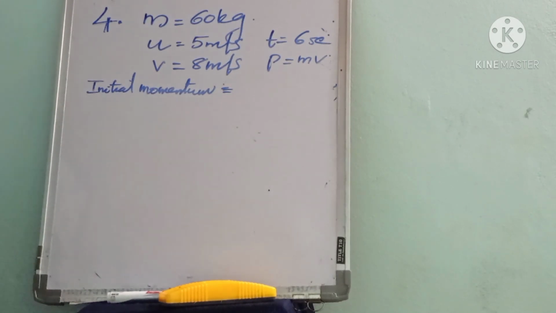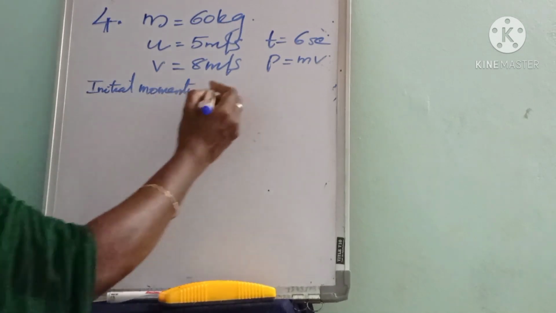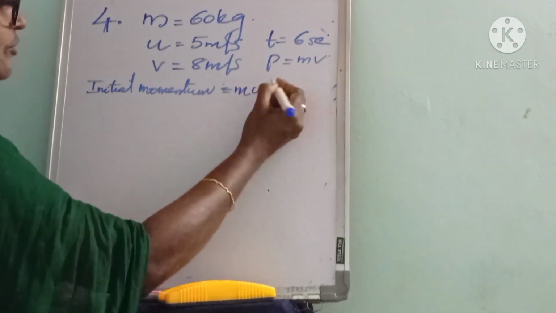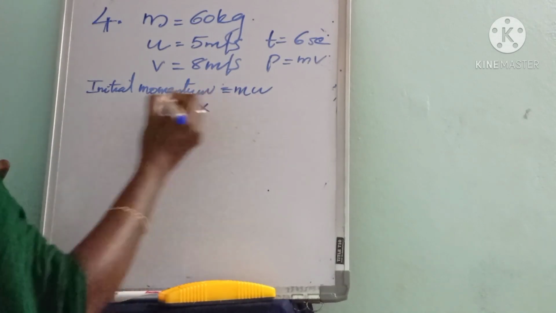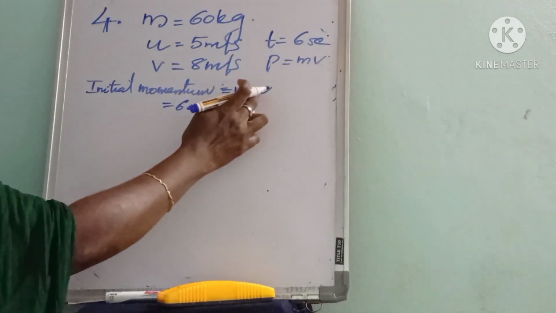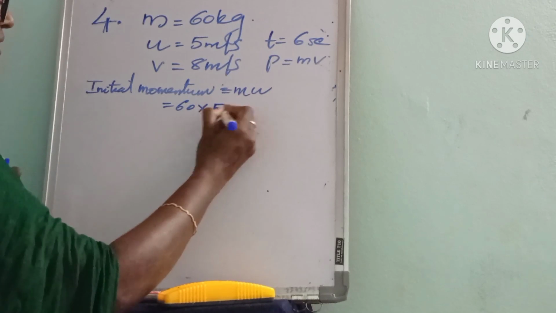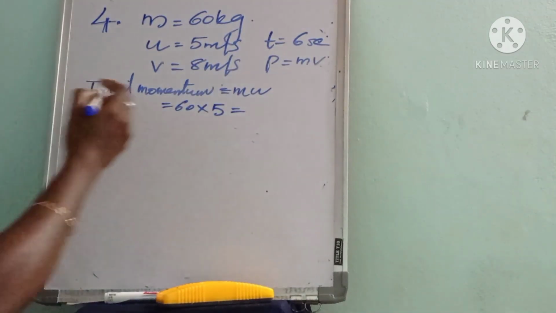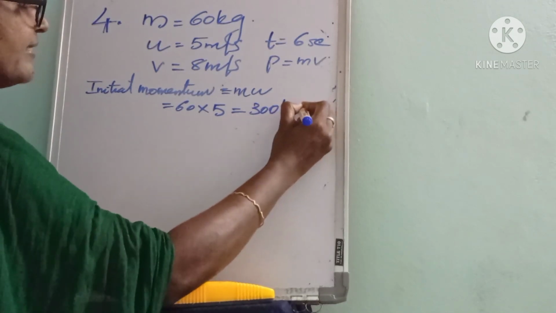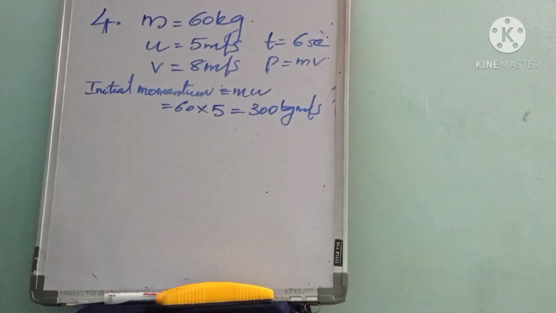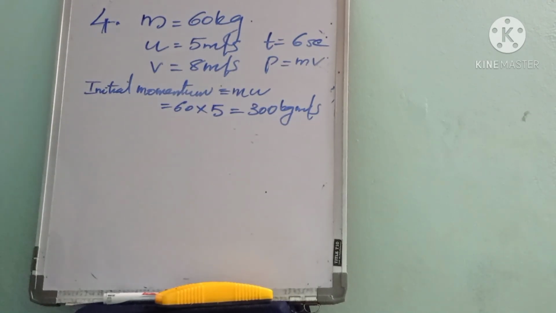Then what is initial momentum? Mass into initial velocity, that is m into u. So mass is given as 60, the initial velocity u is given as 5. So 60 into 5 is 300 kilogram meter per second. That is the initial momentum, 300 kilogram meter per second.